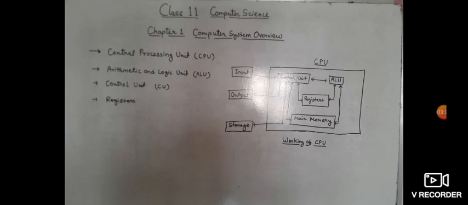When we want to save our work, it is stored in the storage unit. Whenever we want to proceed with our previous work, it is already stored in the storage unit, because main memory cannot store anything permanently as it is volatile in nature.